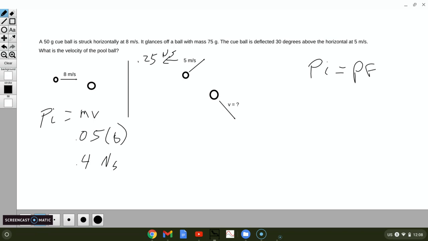All right. Now we're just going to treat this like a vector. We're going to draw on our components, and we're going to solve for our x and y components. Now, when we do that, remember this angle right here is 30 degrees above the horizontal. So using what we know about SOHCAHTOA, this is our hypotenuse.